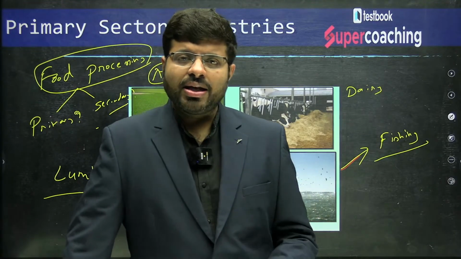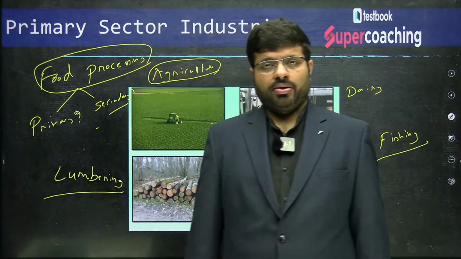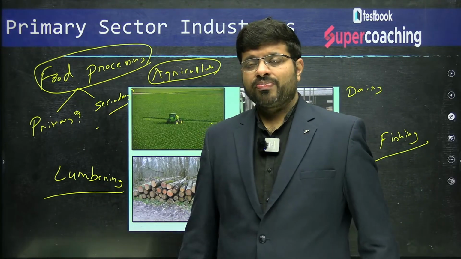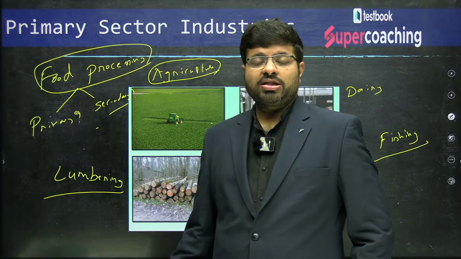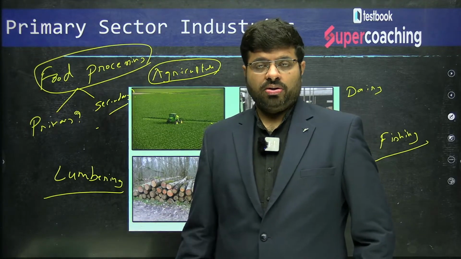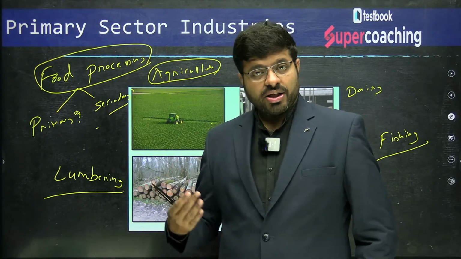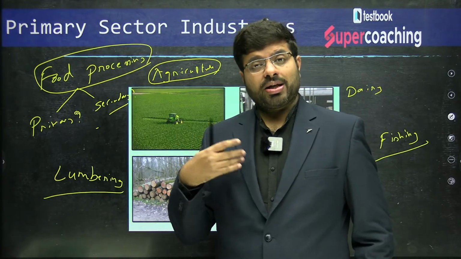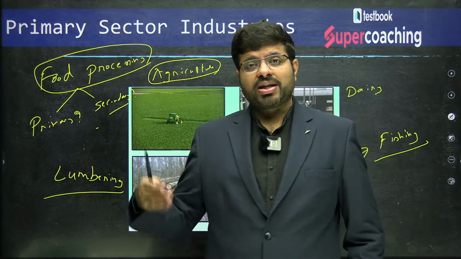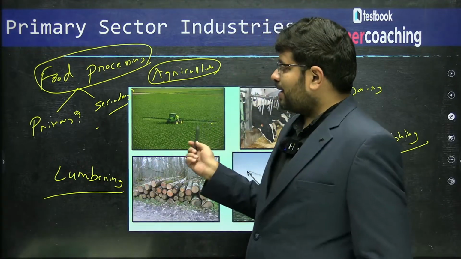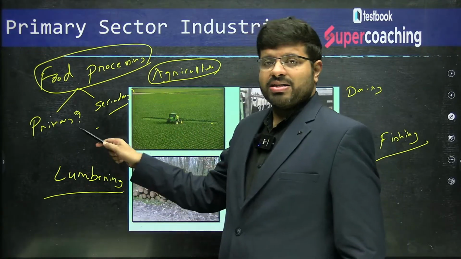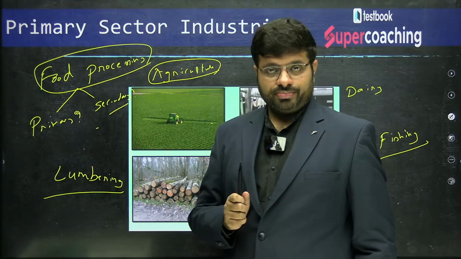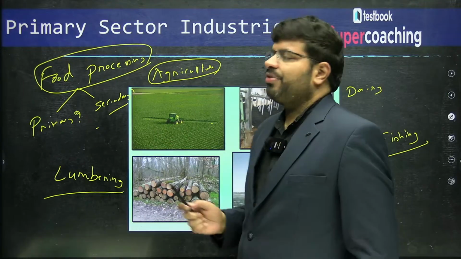I would say that is a primary sector industry directly. I would not say that's called industry, but it's a very simple example. But you also have nowadays flavors out of sugarcane. There is some value addition which you provide, and you provide it in bottles. Now you are significantly changing. So that is also to a certain extent primary, but it has more secondary attributes. That is what I am trying to tell you. Okay, that is the difference.